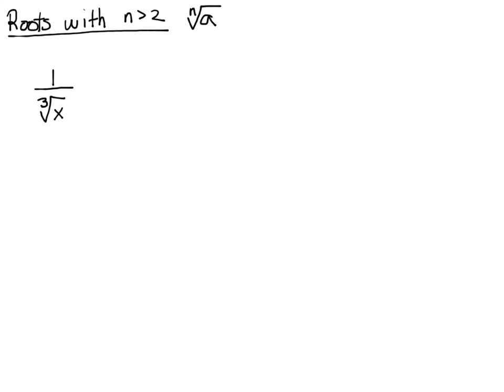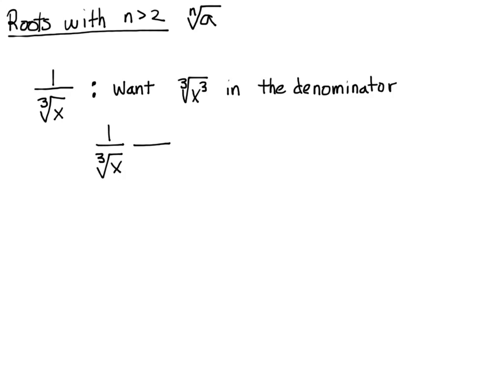Here what we want to do is get to the denominator being the cube root of x cubed. So there's your goal. Now we have this cube root of x, so in order to get there, we're going to have to multiply it by the cube root of x squared.